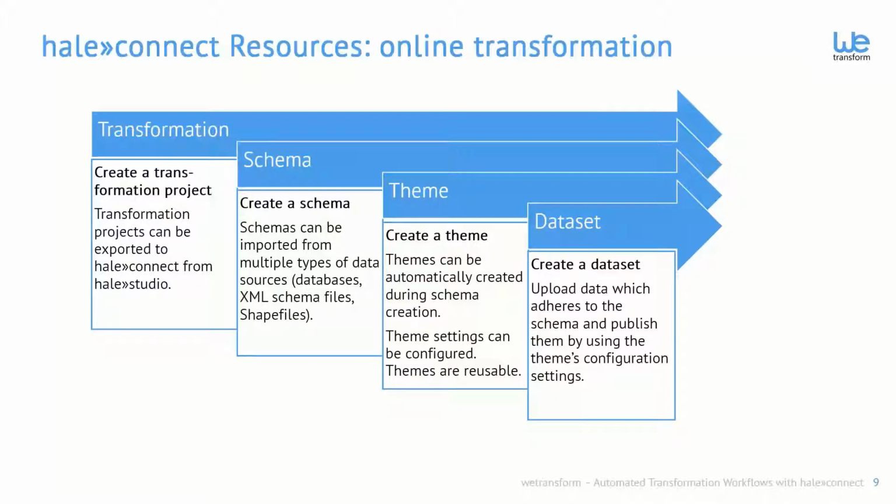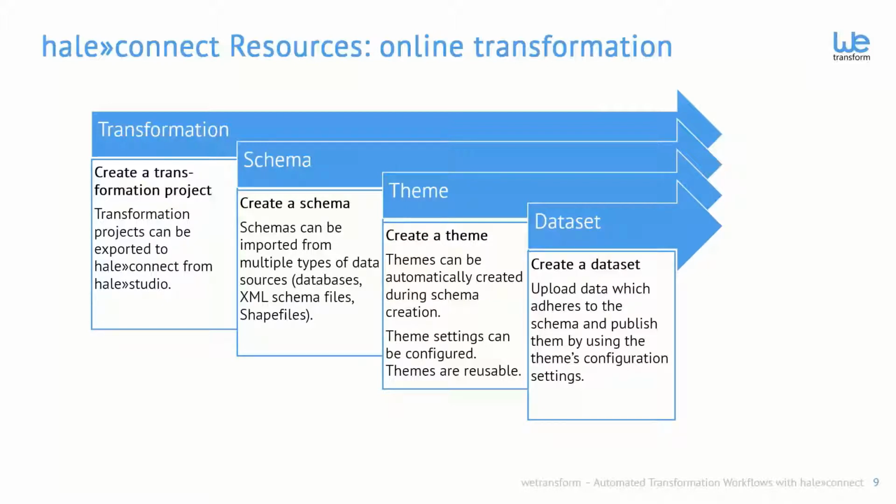I'll show you that in the live demo. You also need some schemas. Schemas can be created using your source data, and then you will also create a target schema that tells Hale Connect what type of data your transformed data will be.